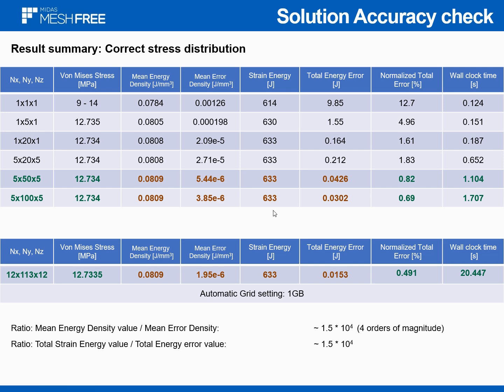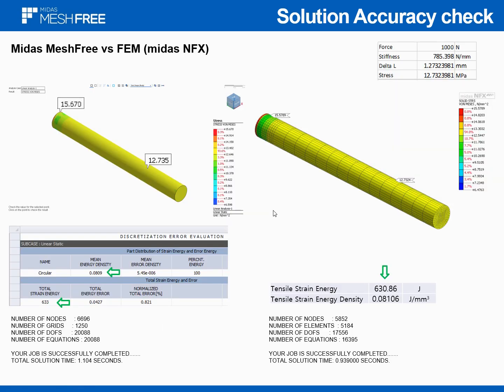Let's look at another example. Let's compare this value with FEM. As you can see, both distributions are the same, and I used Midas FX. I created the mesh manually, so now I'm sure that this value is correct, but still the question is how much and when to stop.